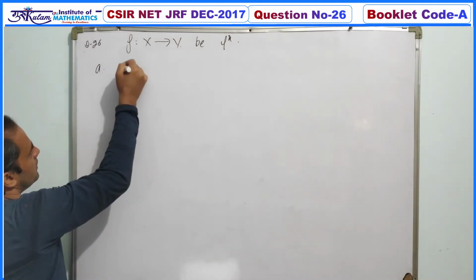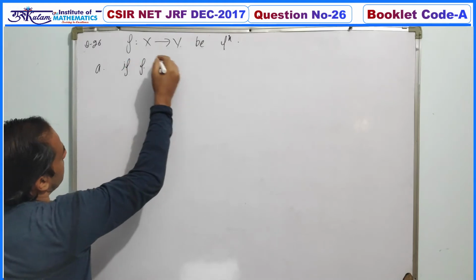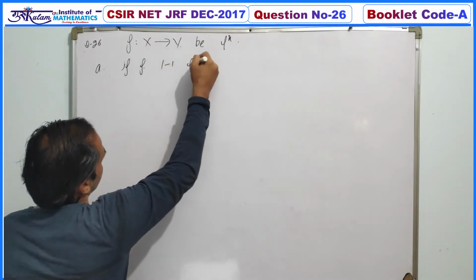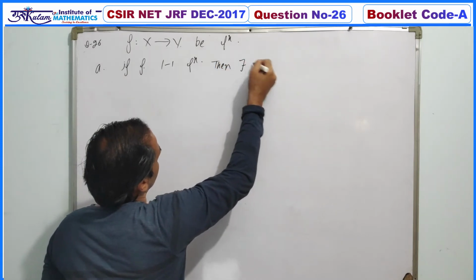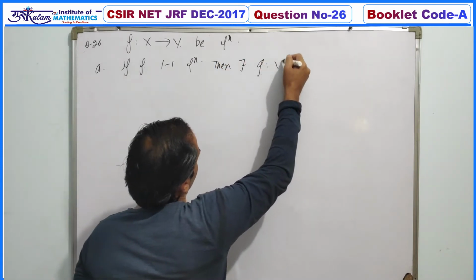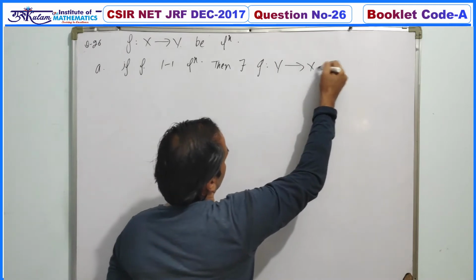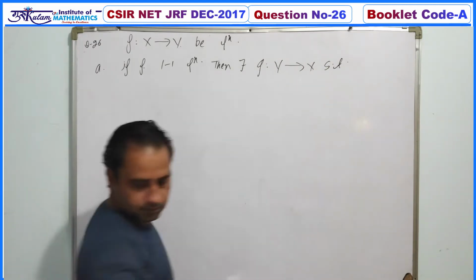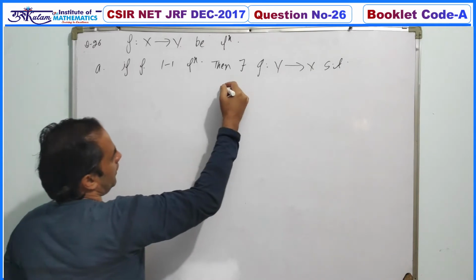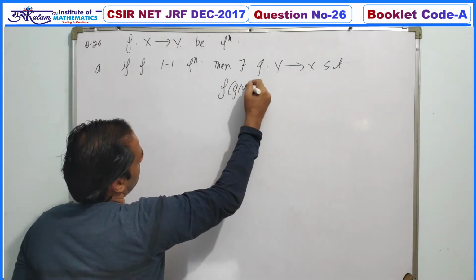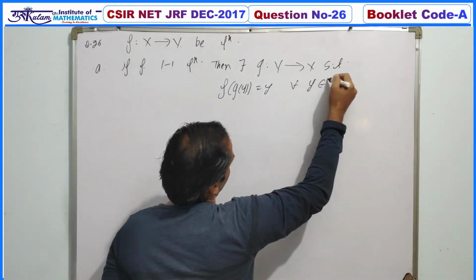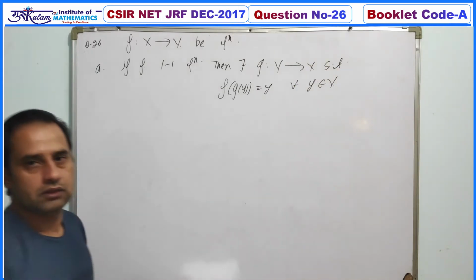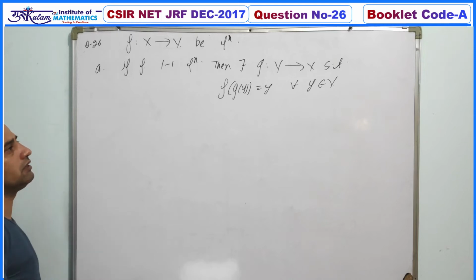Your first option is: if f is injective, that is a one-one function, then there exists g from Y to X such that f of g of y is equal to y for every y belongs to Y. So first we have to identify this statement.